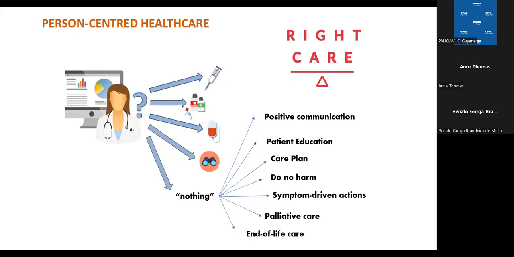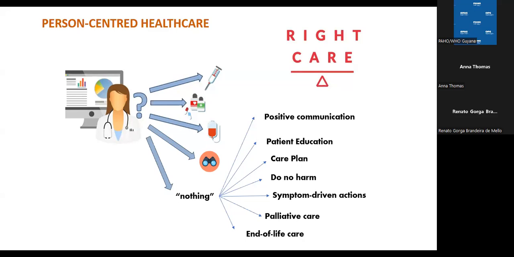If a patient is too vulnerable for a treatment, sometimes the best way to act is to do this nothing, to do no harm, to deliver symptom-driven actions, and sometimes palliative care and end-of-life care. Of course, this is not for every older patient.